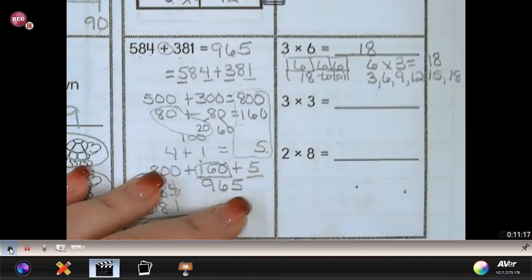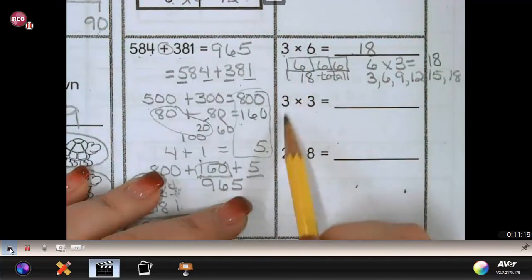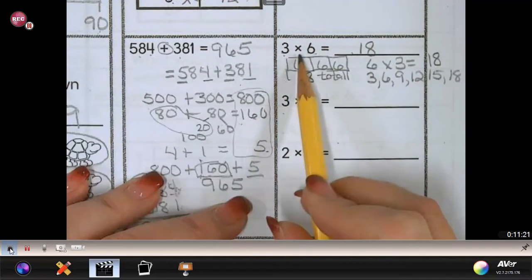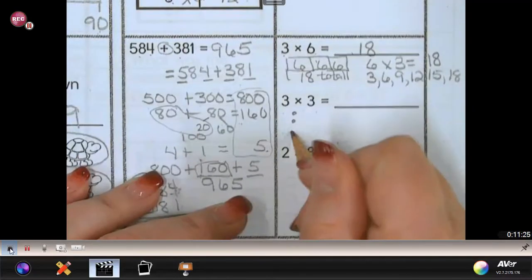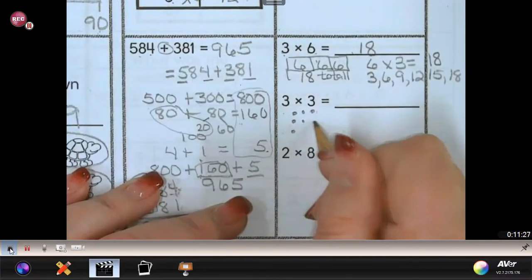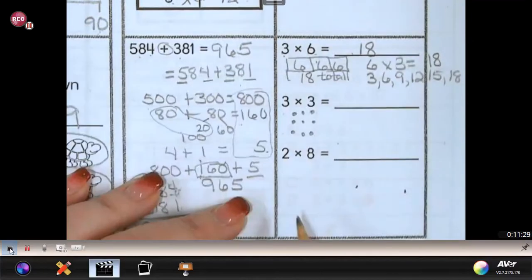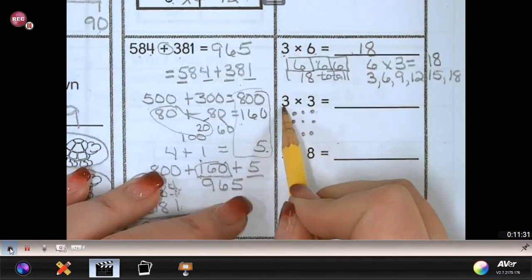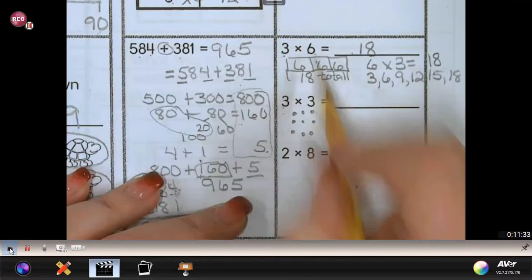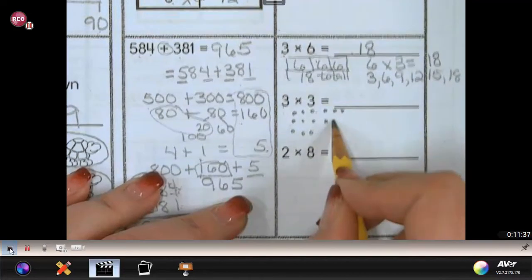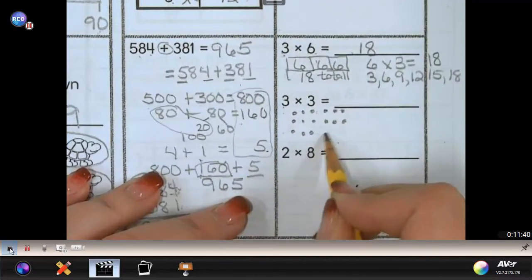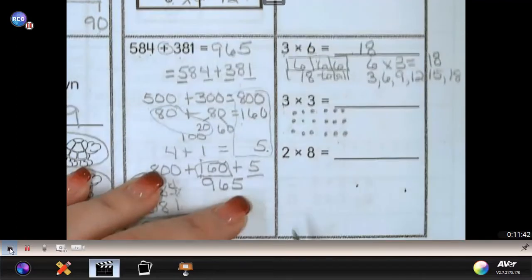3 groups of 3. Now actually, I could have used 3 groups of 3 to help me get 3 groups of 6. How? Well, let's think of 3 groups of 3. So I have my rows. My rows are the same, but I'm taking and adding 3 more onto these rows to get 6 in each row now.